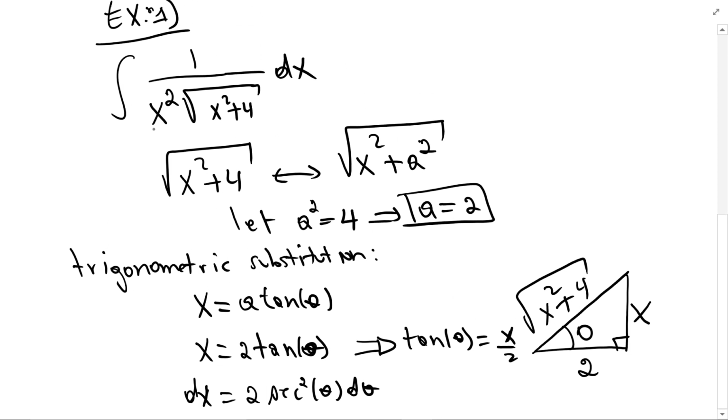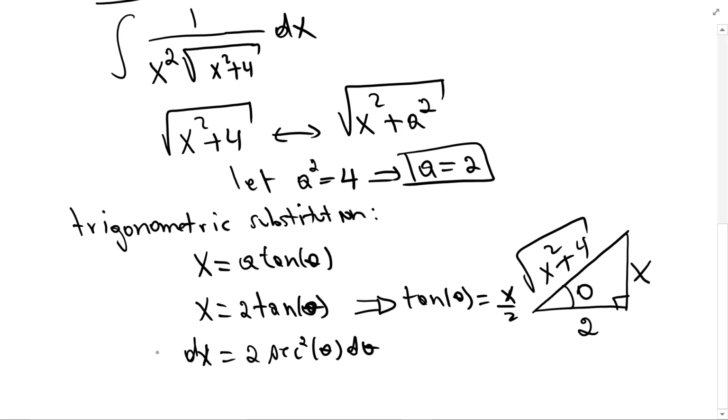Now we go back to the integral. We see that we need x squared, and we need the square root of x squared plus 4, and we need dx. We already have dx, and we have x, and we need x squared.